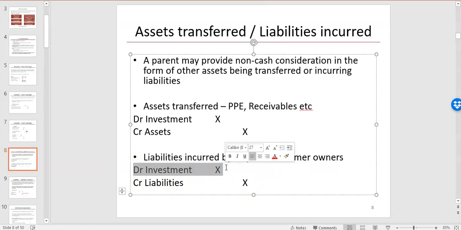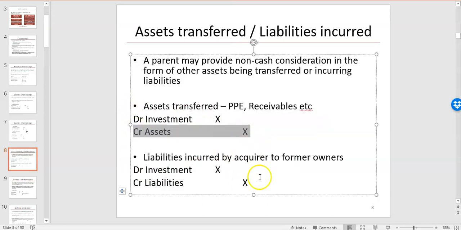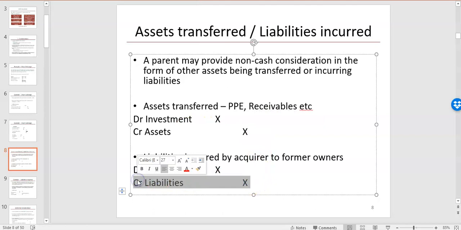So this is non-cash consideration where you're swapping assets, or where you're assuming liabilities from the owners of a potential target. Both are very similar. You increase the asset, the investment should I say, and you either decrease your assets if you've swapped an asset out, or increase your liabilities if you've assumed liabilities, such as debt, on behalf of the former owners.